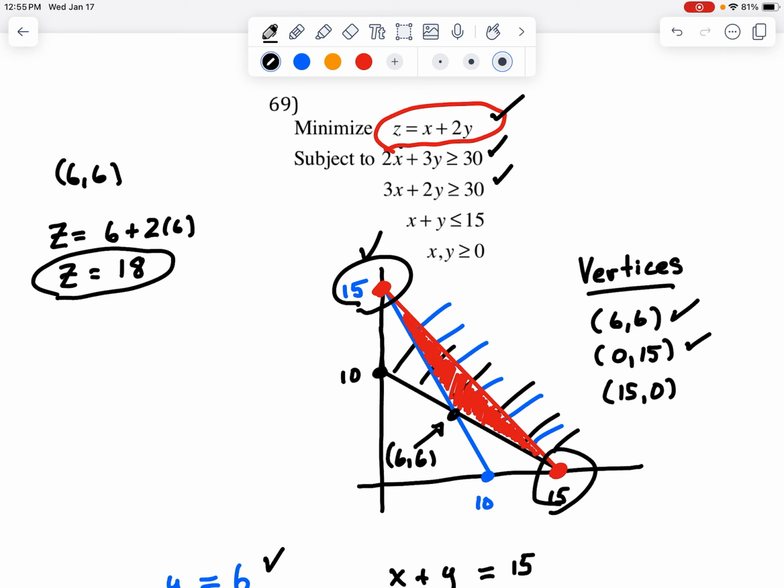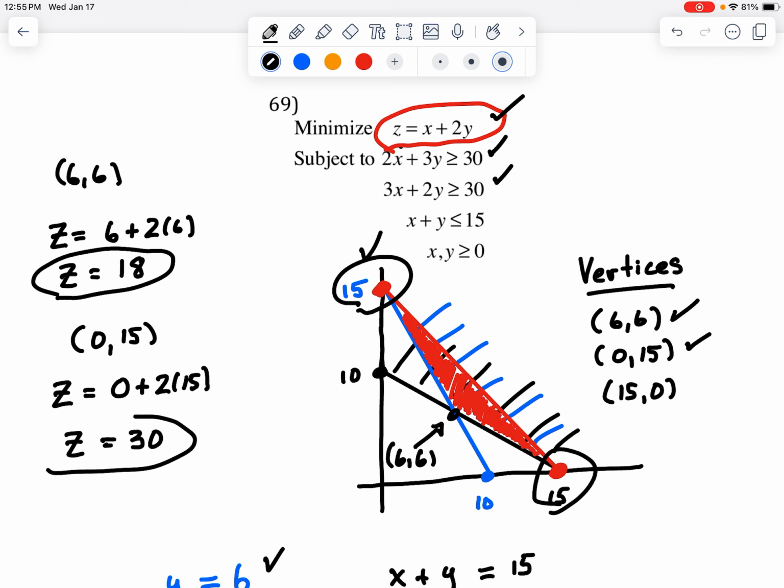Now go on to the 0, comma 15. So the 0, comma 15, if you plug that into the z formula, that means x is a 0 plus 2 times 15. And then that 2 times 15 is 30. So there's another answer. And now go to the last one.